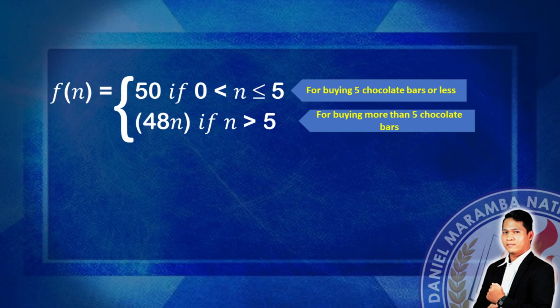Okay, so here is the answer. 50n if 0 is less than n and n is less than or equal to 5. It is for buying 5 chocolate bars or less. Another is 48n if n is greater than 5. It is for buying more than 5 chocolate bars.